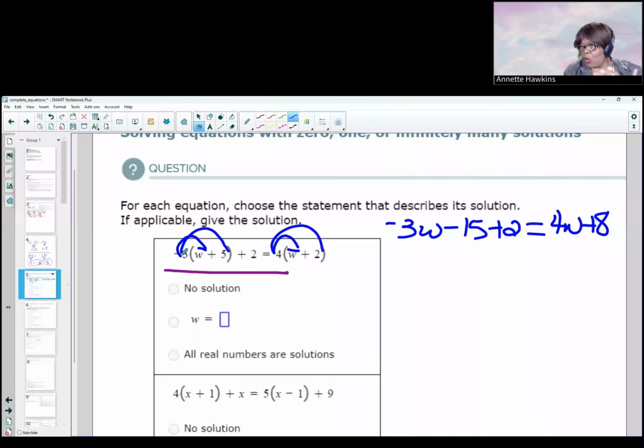So hopefully you were able to get that first line. Now notice on the left side I have 3 terms. So that lets me know I can combine something. Okay. So I can combine this and this. -15 plus 2 is a -13.